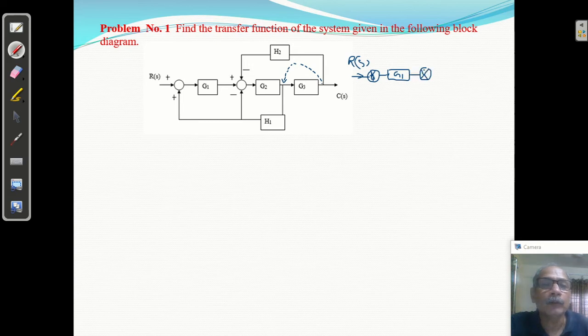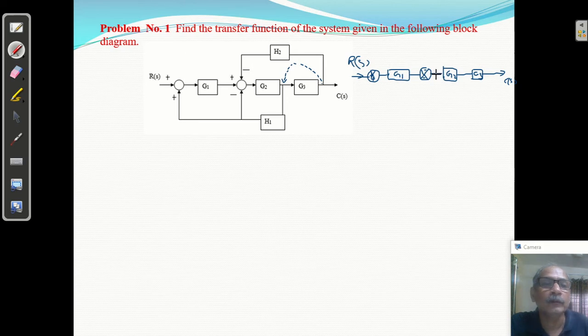It is negative feedback. Here also negative feedback. Okay. And this is G2. This is G3. Okay. This is C of S. Okay. And I am shifting this error detector here. In place of here, I am going to here. And this is negative feedback. This is also negative feedback.